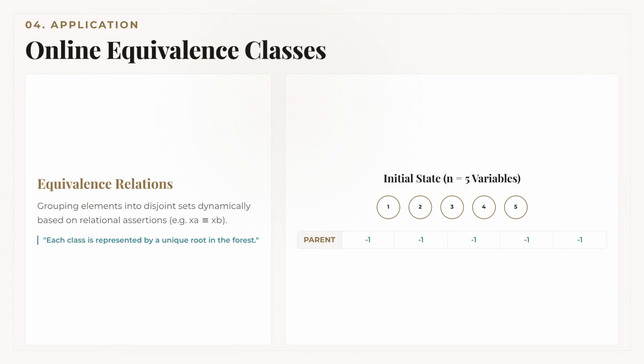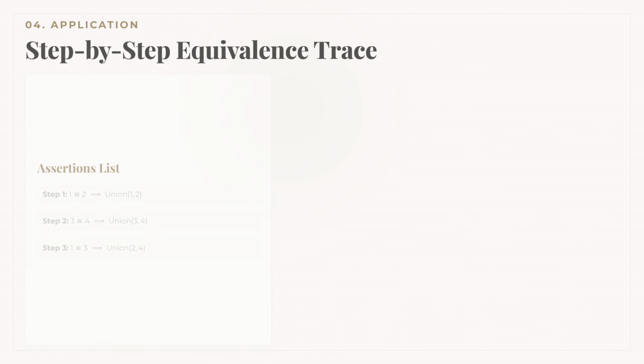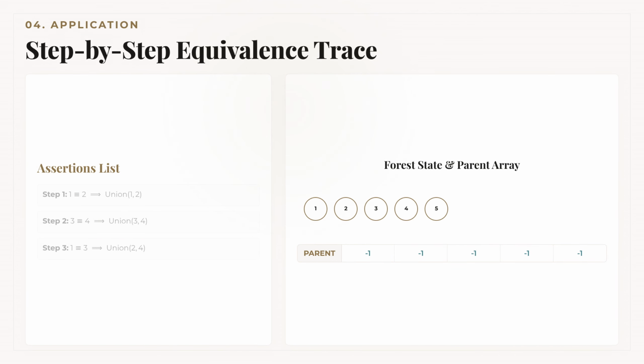The result is 2. Since they belong to different sets, we perform union. Now 1 becomes the representative of a set containing 1 and 2. Next, we are told that 3 is equivalent to 4. Again, we perform union. Now 3 becomes the representative of a set containing 3 and 4.